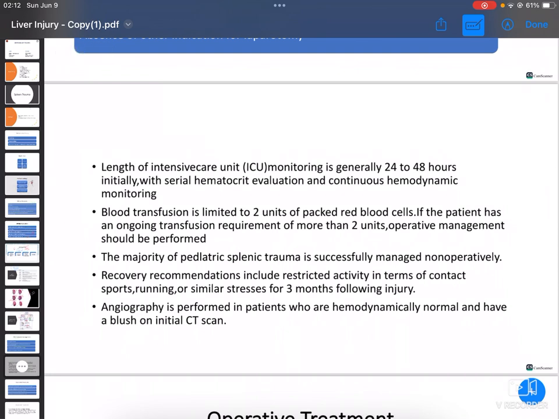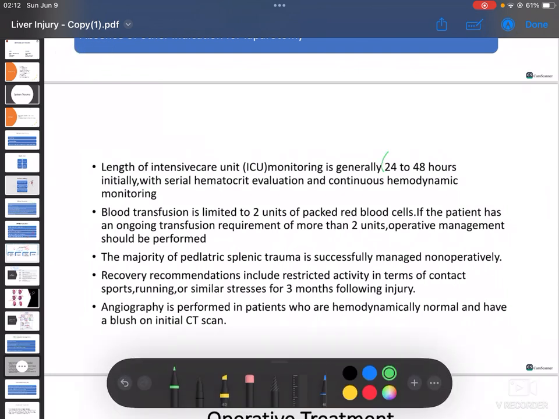Length of intensive care unit monitoring should generally be 24 to 48 hours initially, with serial hematocrit evaluation and continuous hemodynamic monitoring. So we have to regularly evaluate the hematocrit. Blood transfusion is limited to 2 units of packed red blood cells. If the patient has an ongoing transfusion requirement of more than 2 units, operative management should be performed.